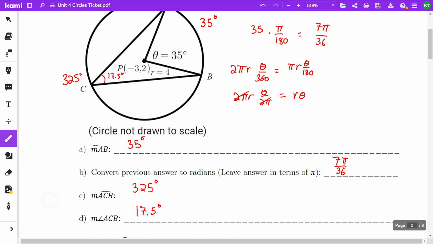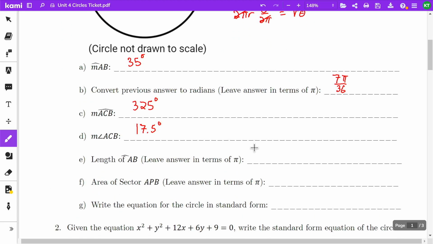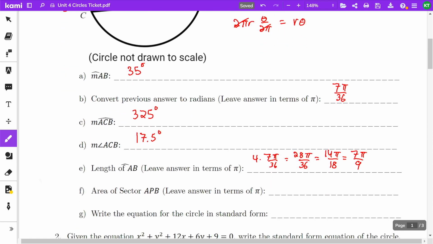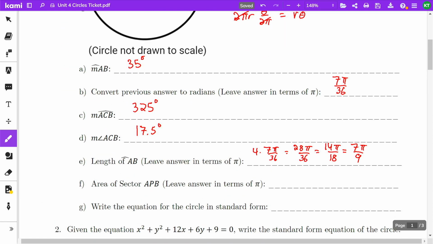That leaves us with 4 times 7 pi over 36, which is equal to 28 pi over 36. I can divide both of those by 2, which gives me 14 pi over 18, and dividing by 2 again gives me 7 pi over 9. So my length of AB is going to be equal to 7 pi over 9.